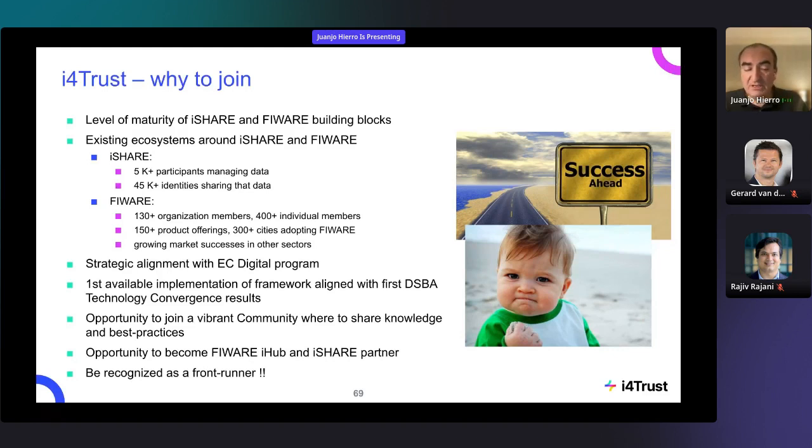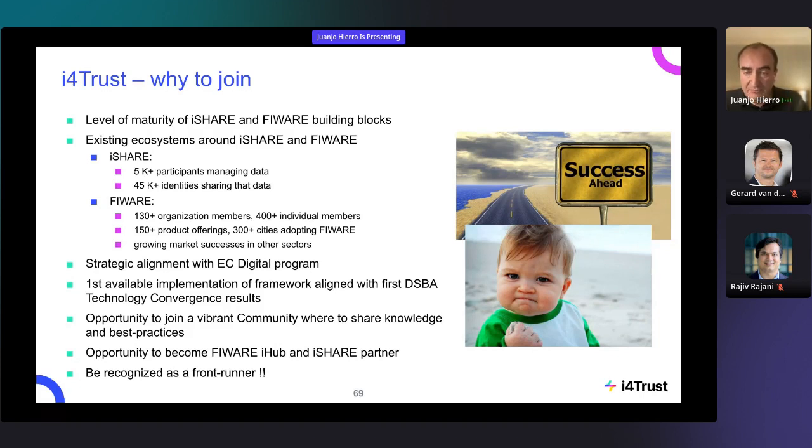And last but not least, there is the opportunity to become FIWARE iHubs on one side, but also iSHARE partners, and leverage all the experience of iSHARE Foundation for the creation of actual data spaces.